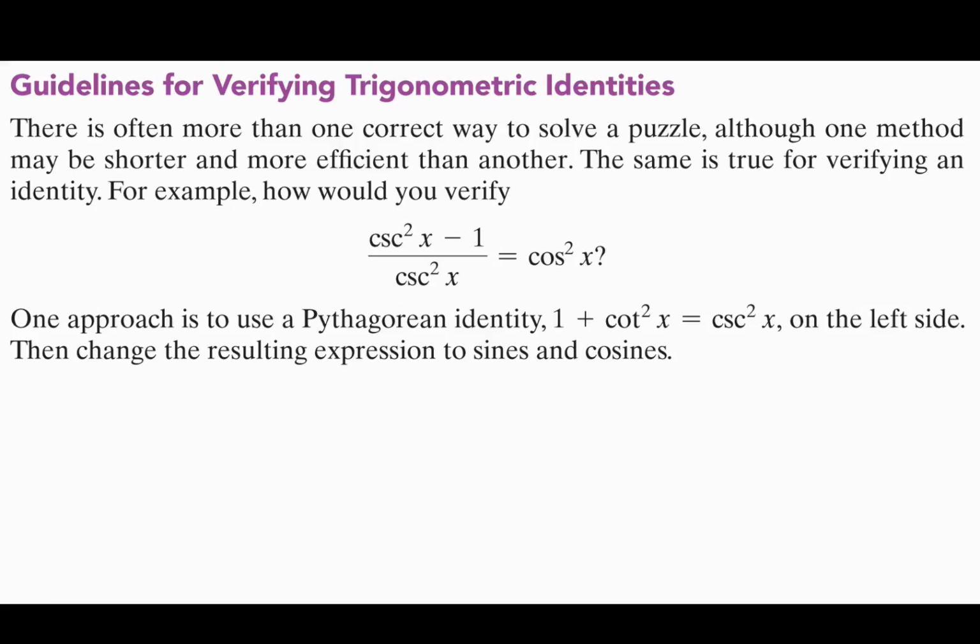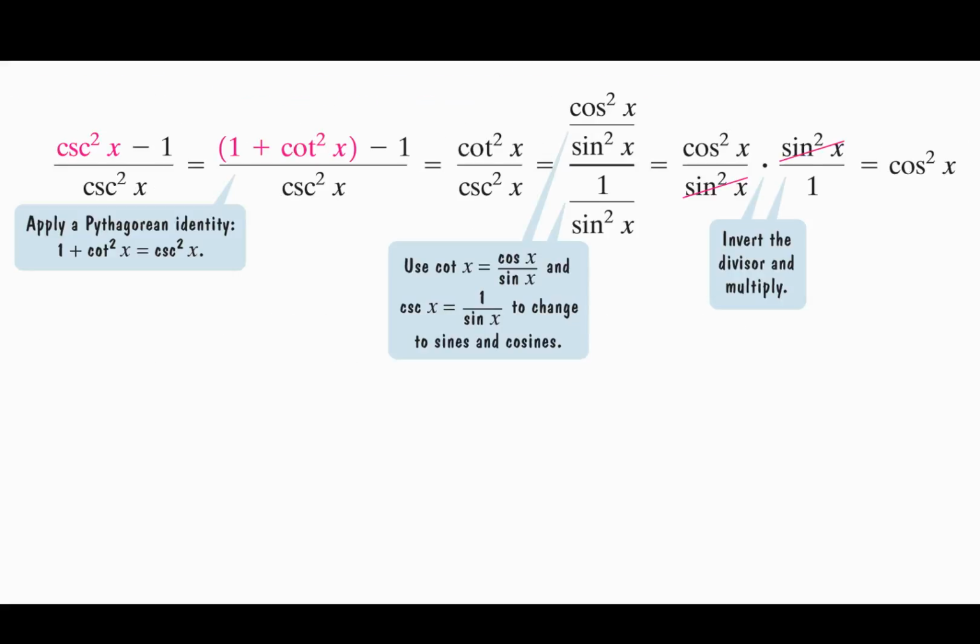For instance, this problem. One approach, and we're going to look at a couple of approaches. One approach is that a Pythagorean identity, 1 plus cotangent squared is equal to cosecant squared. So you can change all those cosecants to 1 plus cotangent squared, giving you something like this. So cosecant squared changes to 1 plus cotangent squared.